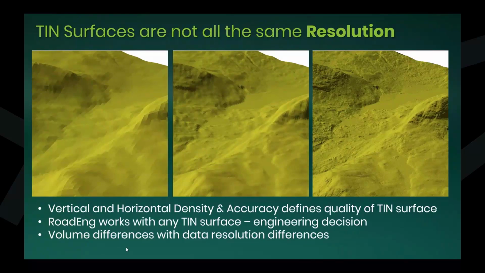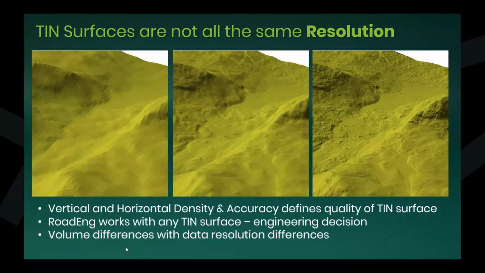SRTM is a global data set, typically 30 meter-ish point spacing, but it's satellite derived. There's a lot of variability in the elevation. So aside from just things getting smoothed out with that sparser point spacing, the vertical accuracy is going to be off a bit, sometimes quite a bit.